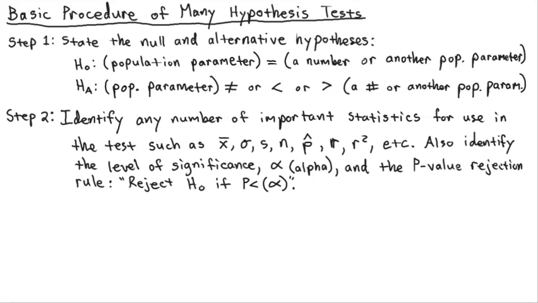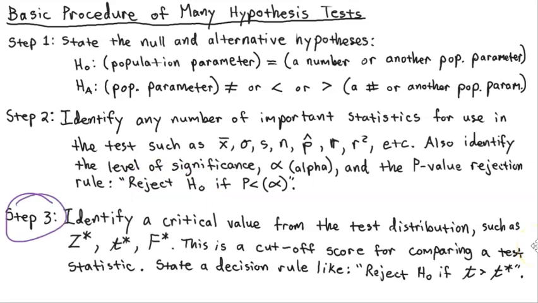So we'll basically make a statement that a certain p-value will result in the rejection of the null hypothesis. And it usually goes that if p is less than whatever our alpha number is, then we're going to reject our null hypothesis.